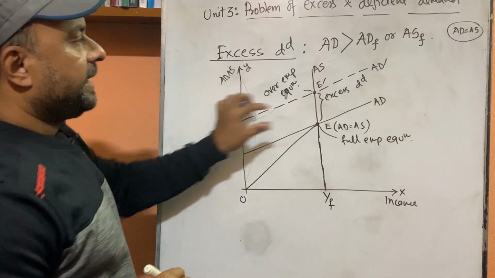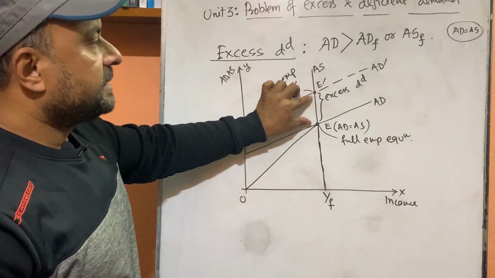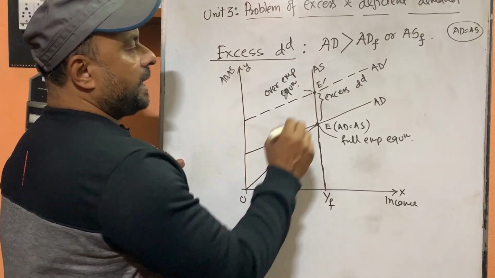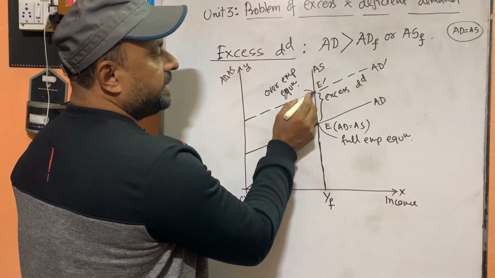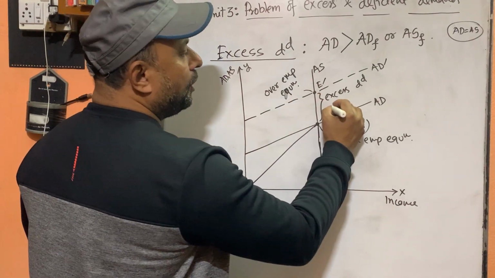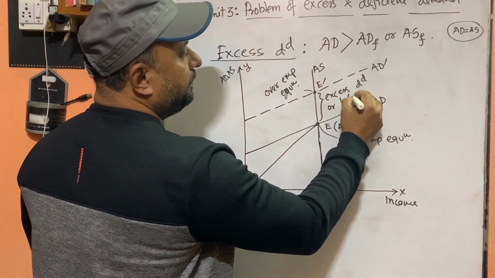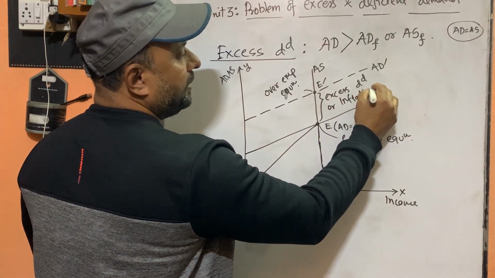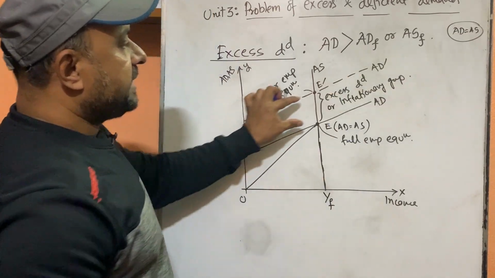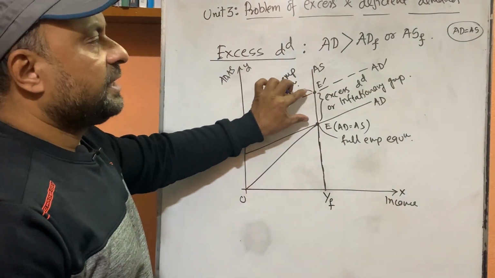So there arises excess demand. What happens? It creates inflationary pressure on the economy, and so this vertical gap, E dash, is also called the inflationary gap. Why inflationary gap? Because this excess demand creates inflationary pressure on the economy.